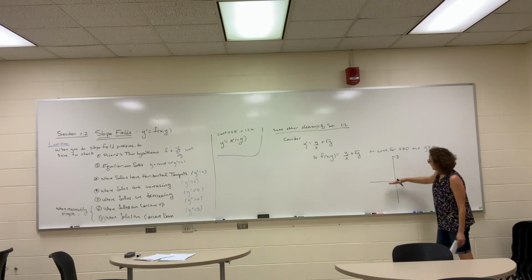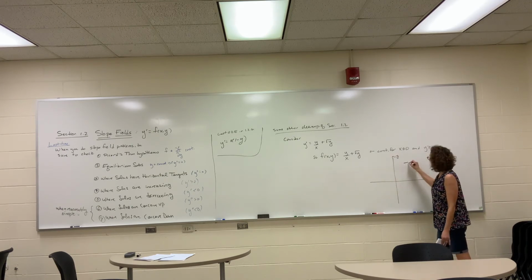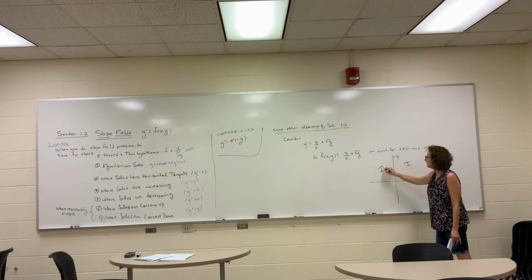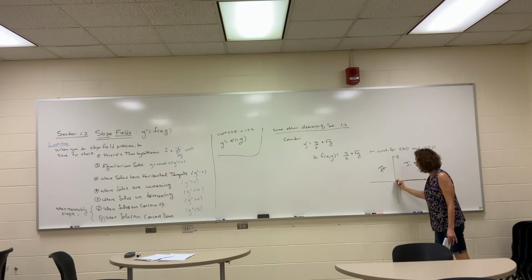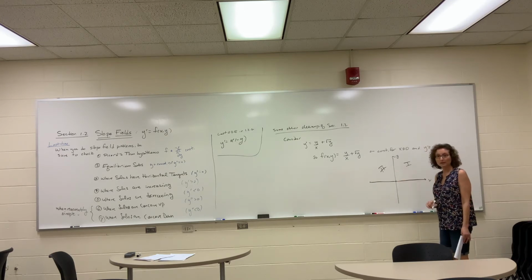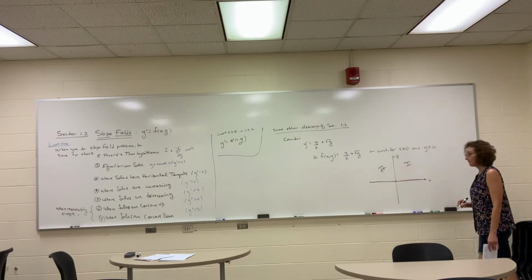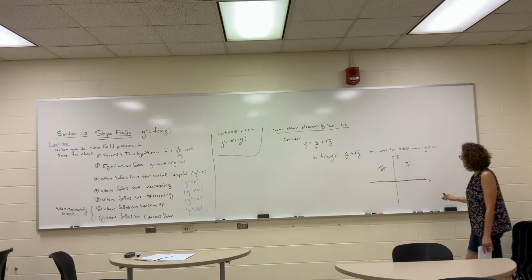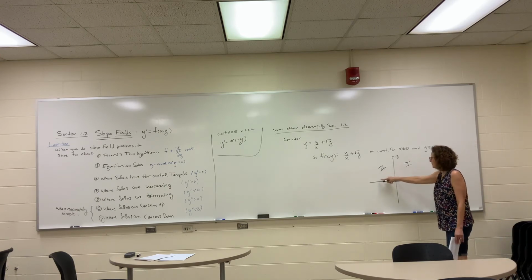And y has to be greater than or equal to 0. So we either have to be in quadrant 1 or quadrant 2, or on the y equals 0, but not y and x equals 0. Yeah, does that make sense? Not including that guy, he's not allowed in. Yeah, okay, are we good? So these are the only places where that guy is continuous and makes any sense.